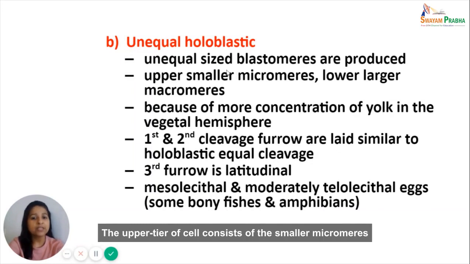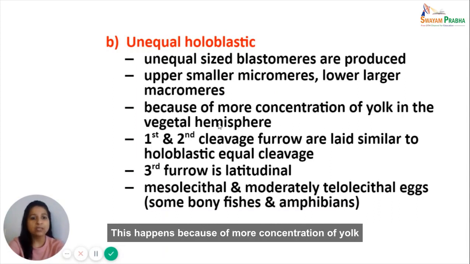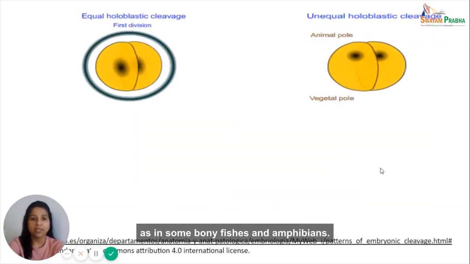The upper tier of cells consists of the smaller micromeres, and the lower tier of cells consists of the larger macromeres. This happens because of more concentration of yolk in the vegetal hemisphere, as we know that yolk impedes the cleavage furrow from passing through. This is seen in mesolecithal and moderately telolecithal eggs, as in some bony fishes and amphibians.